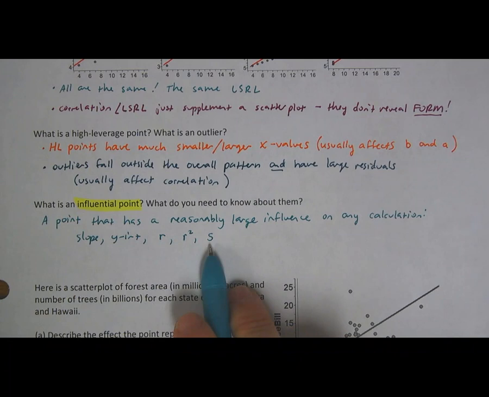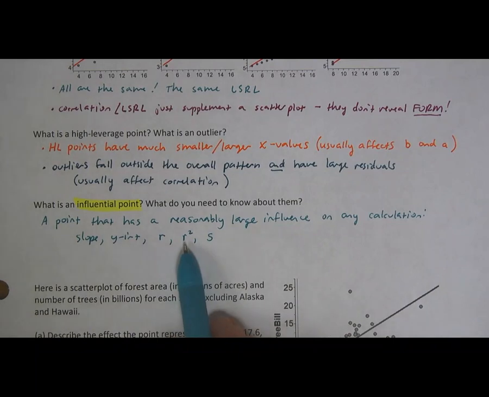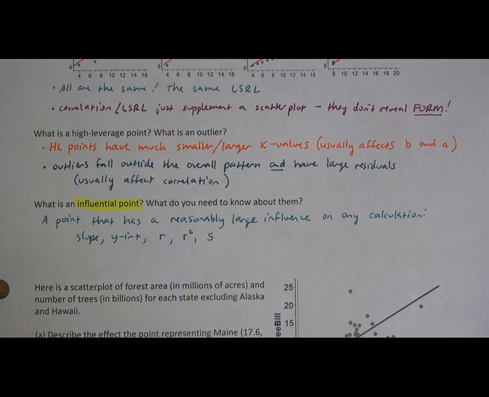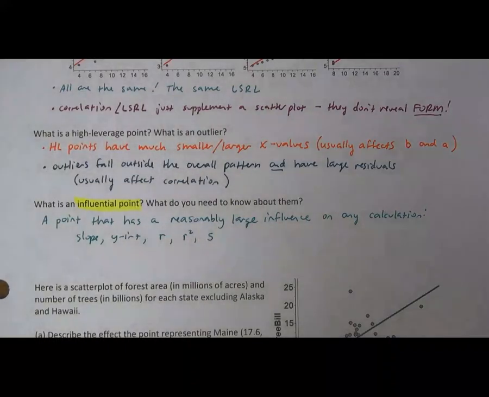S is the standard deviation of the residuals. It's a measure of variability. And r squared gives you a percentage of how much better your least squares regression line models the data than just using the mean of the response variable. Any point that affects those greatly is called an influential point.